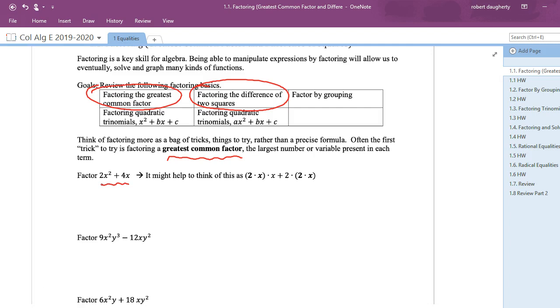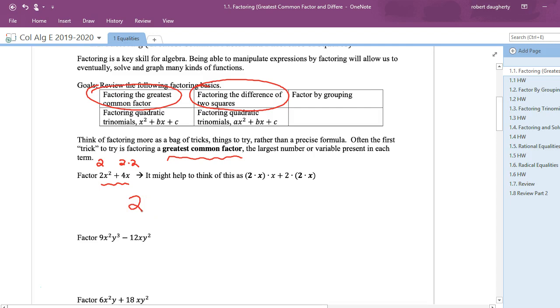Because you've got 2 and then 4 can be written as 2 times 2. So this is 2 and that is 2 times 2. So I see one 2 right here, and how many do I see here? 2. So in common, how much do they have in common? They have one 2 in common, all right? So I can write that both of those expressions have a 2 in common.